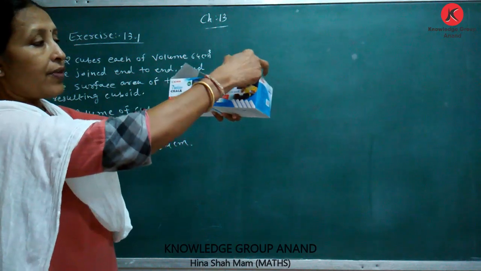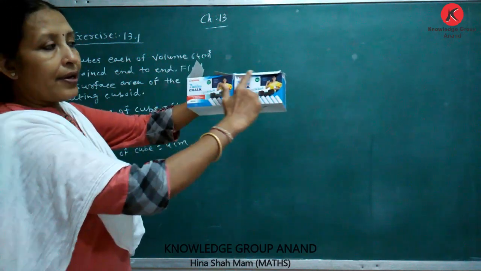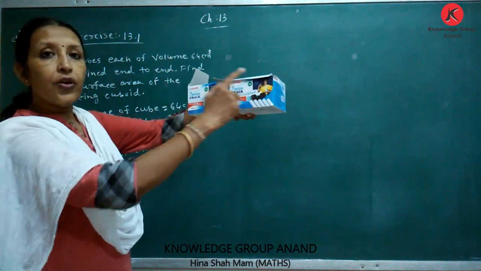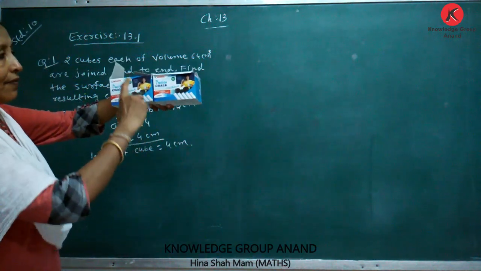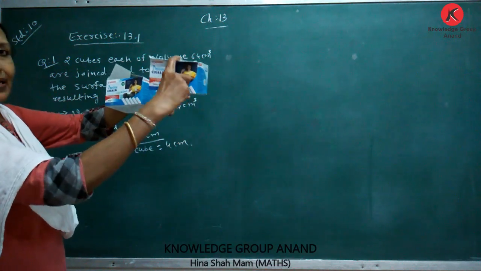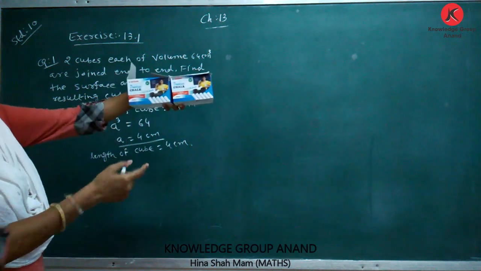Now, what is its length? Its length is 4 centimeter and 4 centimeter. Length becomes 8 centimeter, 4 plus 4. And breadth is 4 centimeter. And height is also 4 centimeter.